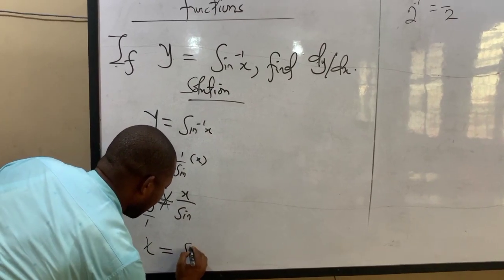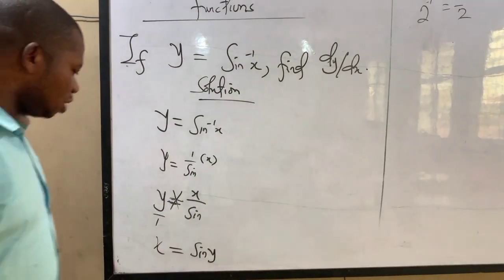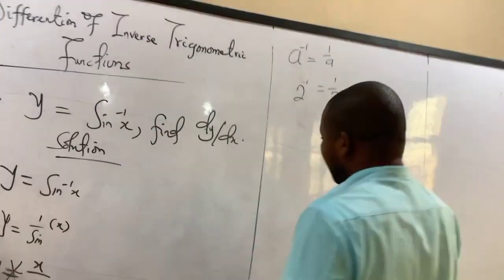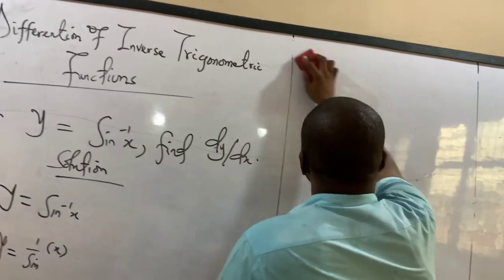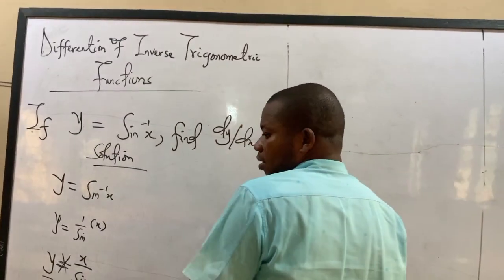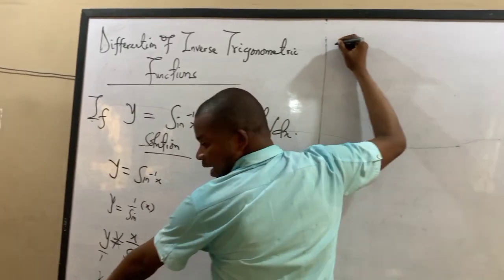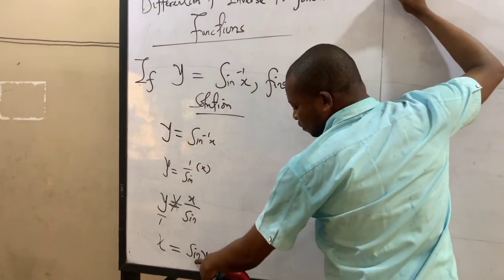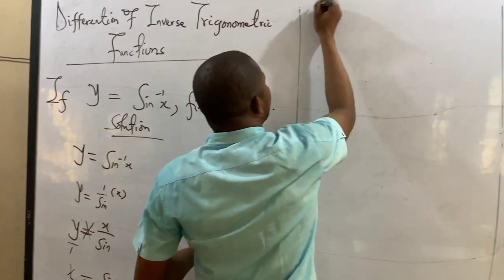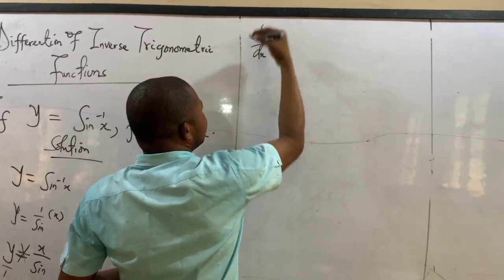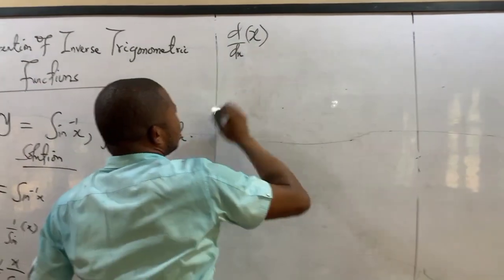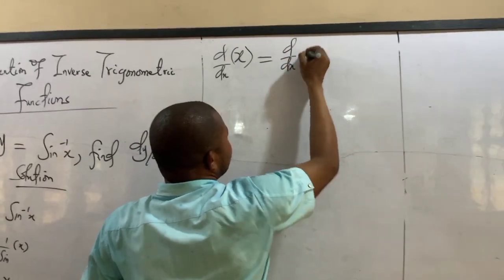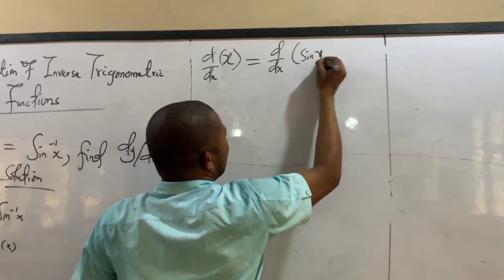Having done this, the next thing I have to do is to differentiate. I'm going to differentiate x, and I'm also going to differentiate sine y. So I have d/dx of x is equal to d/dx of sine y.